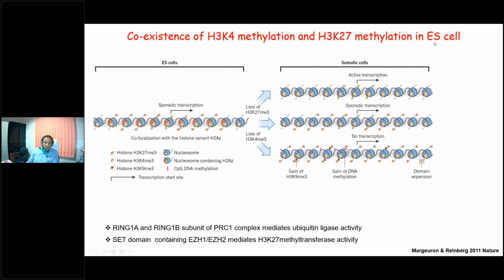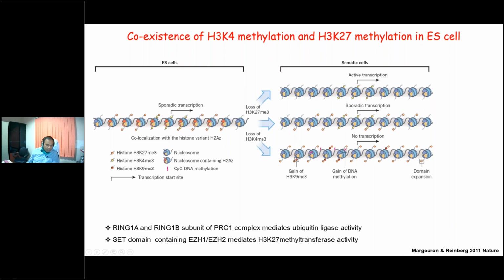For example, here on the left side in ES cell, there are three marks here. Orange color is H3K27 trimethylation mark.